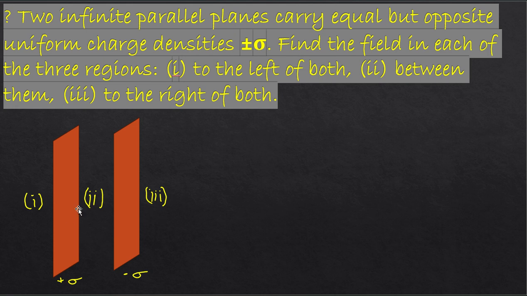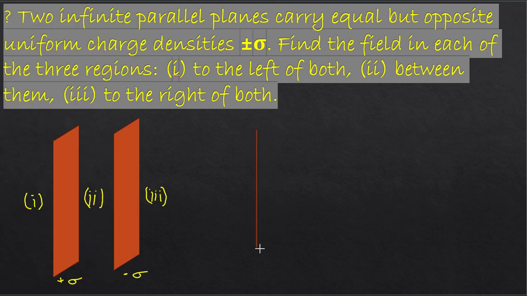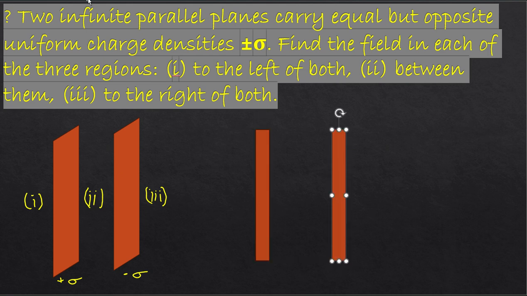So we just draw the electric fields. These are the two parallel planes carrying uniform charges, sigma positive and sigma negative. This has charge positive sigma, and this has charge negative sigma. This is a positively charged plane, so there will be electric field away from this uniformly charged plane.